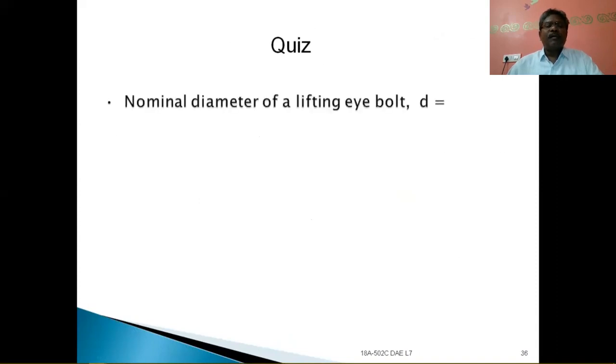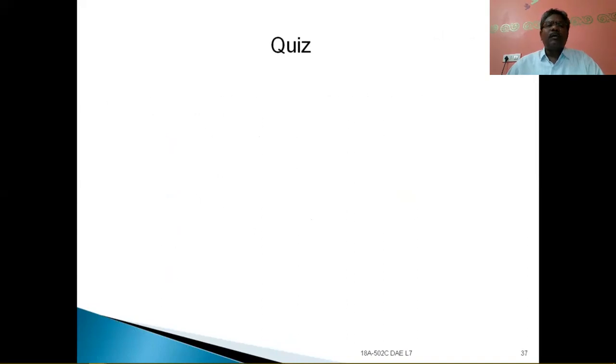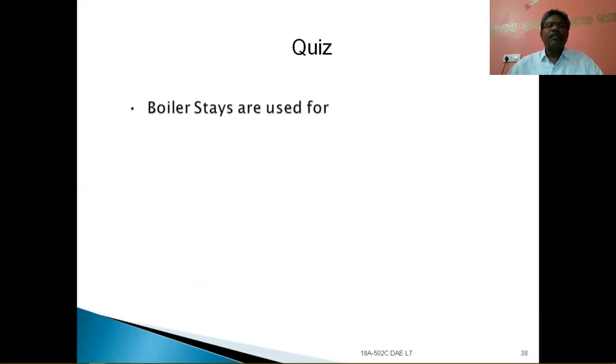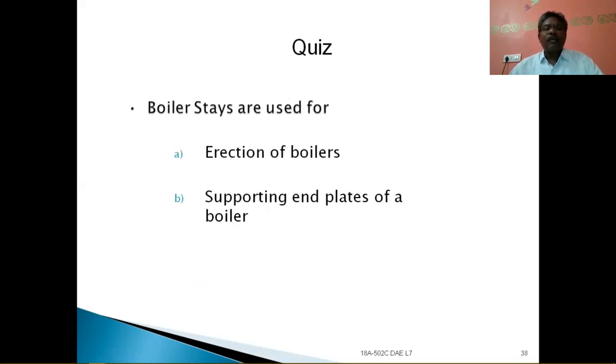One is based on the nominal diameter of a lifting eye bolt, and another is on the outer diameter of the ring, which is 3.6D, which is nothing but the answer D. Next one: boiler stays are used for erection of boilers, supporting end plates of a boiler, or heating of boilers.